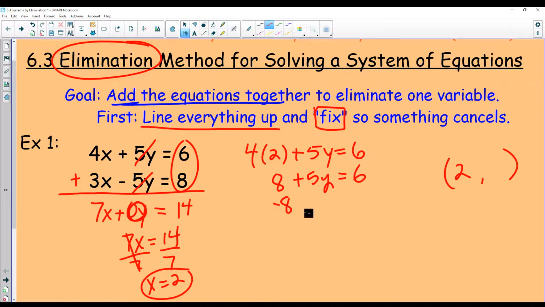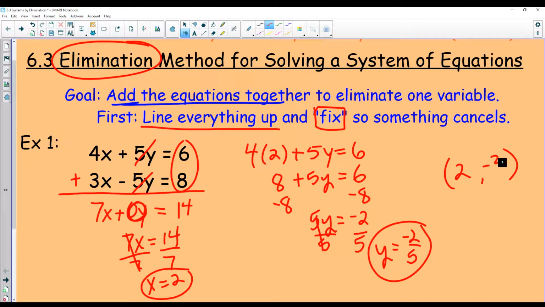Subtract 8 on both sides: 5y equals negative 2, divided by 5, and y equals negative 2/5. That is the other half of your solution. So these two lines, if we graph them, would cross at (2, negative 2/5).